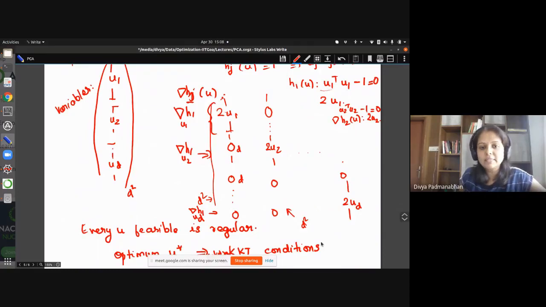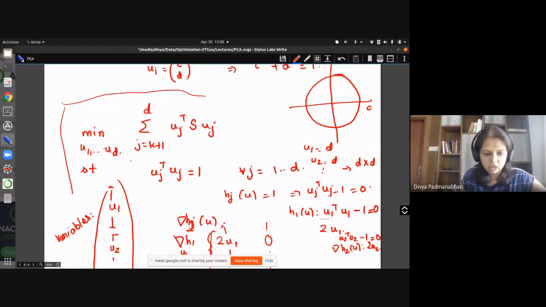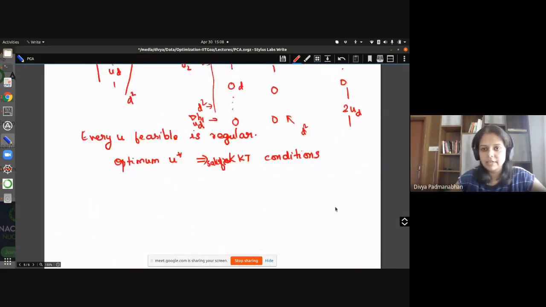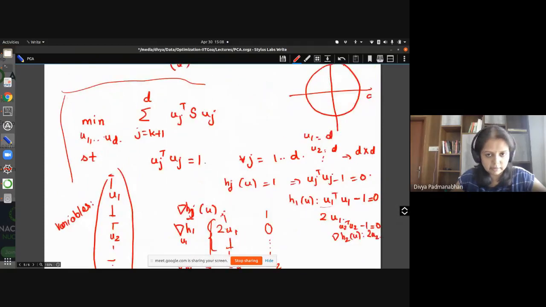So all the points in this problem are regular points, and you can just focus on the KKT points and then find the best KKT points. That is going to give you the optimum. So let's try to find the KKT points here.